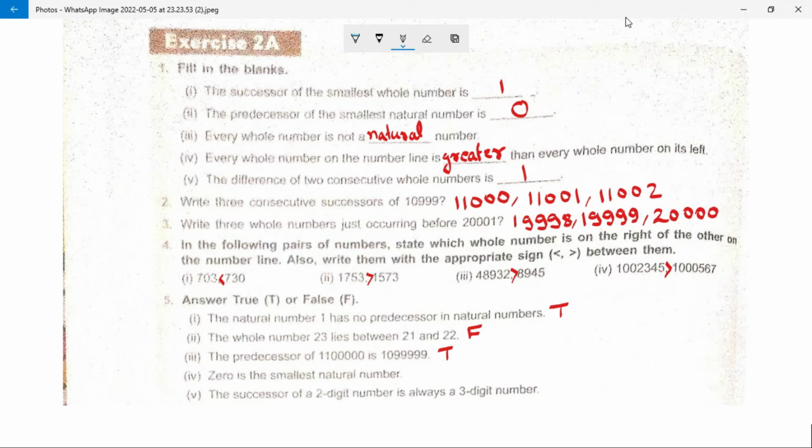No, it will be false. 0 is the smallest whole number. And number 5, the successor of a 2-digit number is always a 3-digit number. It is also false. So this is exercise 2A.